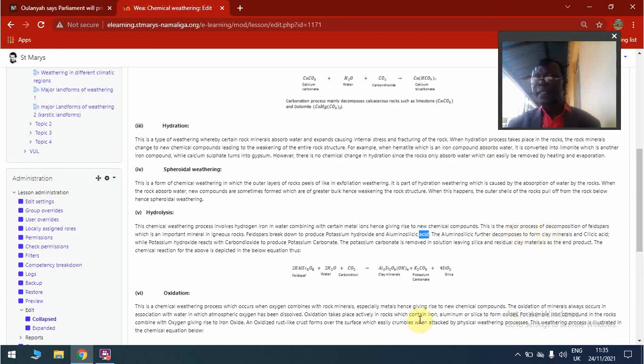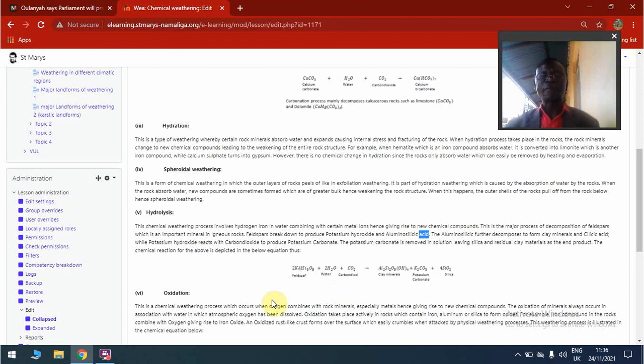So what are these clay minerals which occur in the process of hydrolysis? The clay minerals which come out of the aluminosilicic acid include aluminium silicate oxide hydroxide, as you can see in the chemical reaction in the equation here. So if you follow this equation, you will be able to understand how the hydrolysis weathering process occurs.